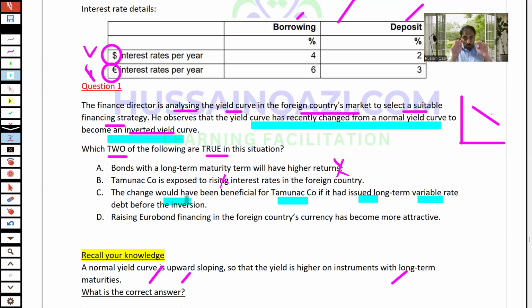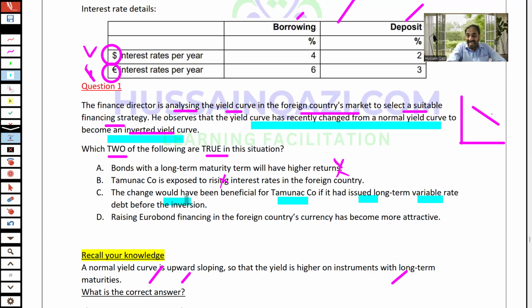So this statement is true: the yield curve is expected to decrease, and if we issue the bond now, for example for the next 5 years, then after some time if interest rates decrease, the company will pay the borrowing cost at a lower interest amount. That's the C part. That's why it's true.